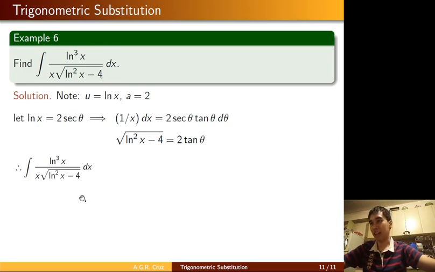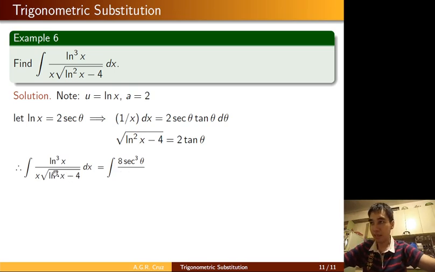In terms of theta, what happens to ln cubed of x? So this is ln of x. If you cube ln of x, that corresponds to cubing this as well, no? Because they're equal. So if you take the cube of 2 secant theta, what do you get? 2 cubed is 8. Right? And secant of theta, quantity cubed, that's of course secant cubed of theta. Okay? So all in all, you get 8 times secant cubed of theta for the numerator.